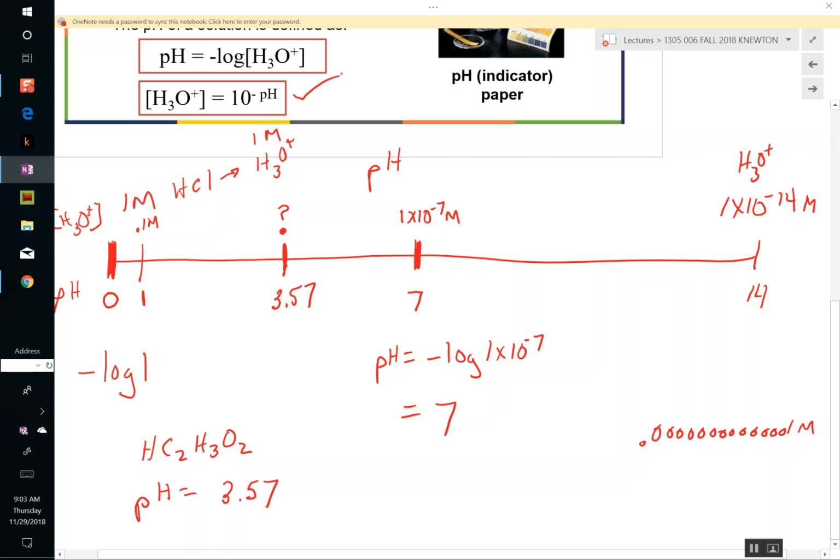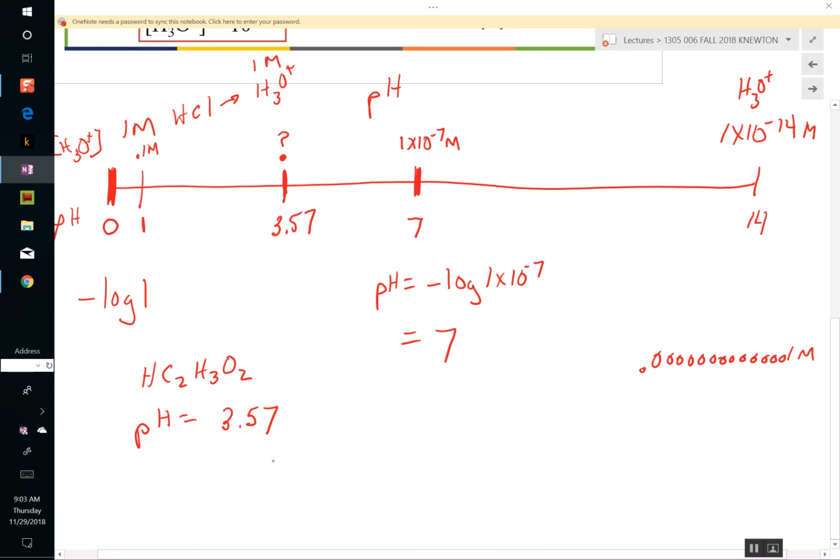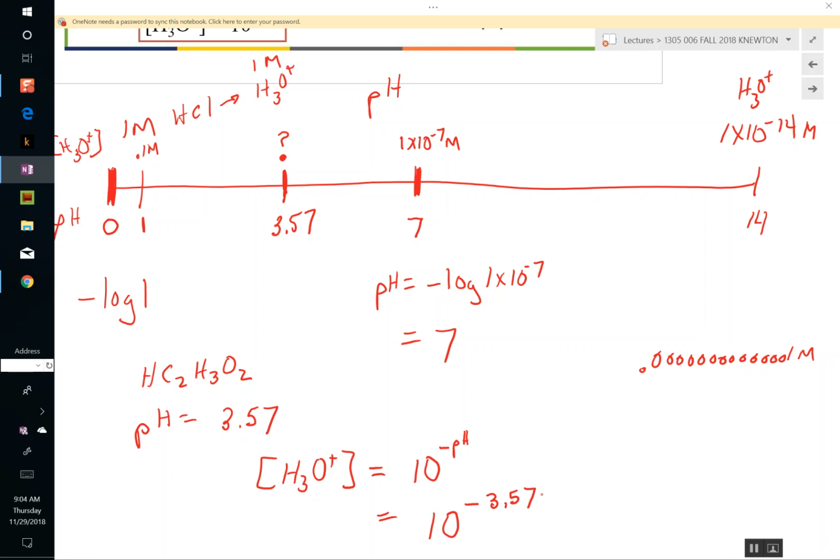We know our pH. We want to know our hydronium ion concentration. So the hydronium ion concentration is going to equal 10 to the negative whatever the pH was. So it's going to be 10 to the negative 3.57. So that's where you use your 10 to the x key. So 3.57, I'm going to change that to a negative. Second, 10x.